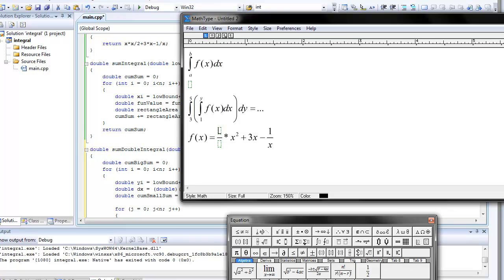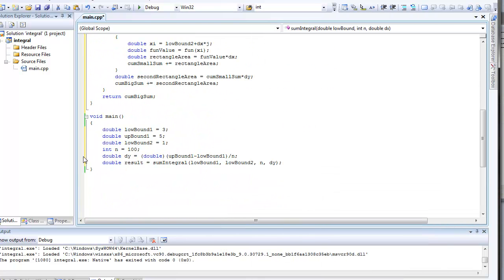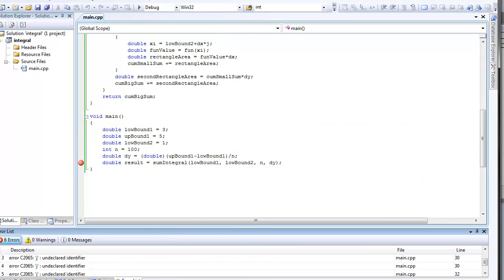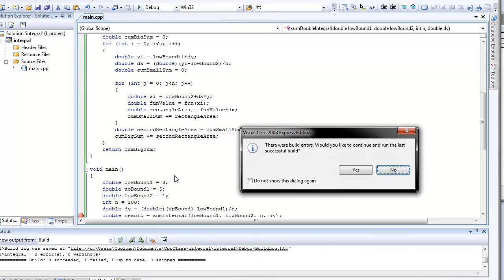So let's make it more precise. Okay, let's try it. Oh yeah, error as usual. Okay, some more.